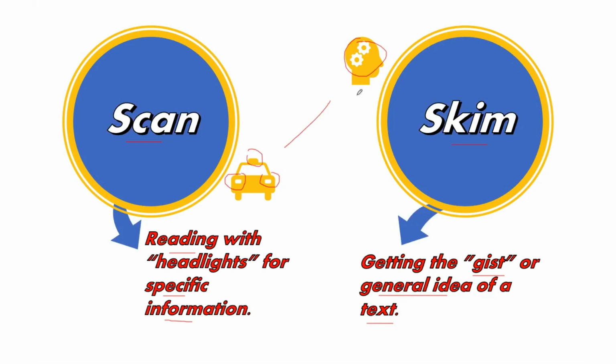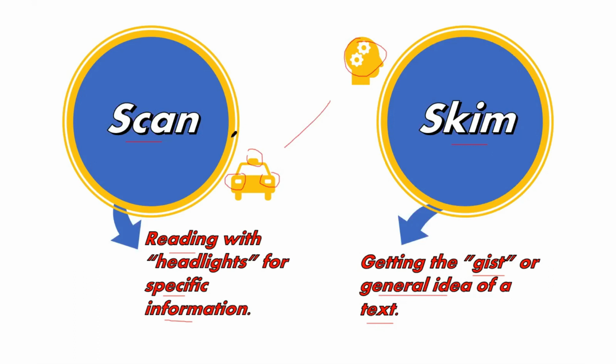Basically what I do is I will scan for information. Once I see a promising word, I'll stop there, I'll highlight, and then I will skim quickly. Again, I'm not reading for pleasure, I'm reading quickly in order to get a gist or to understand what I am reading in a general sense. And then that usually helps me answer the questions.